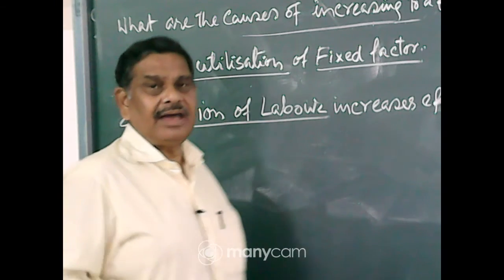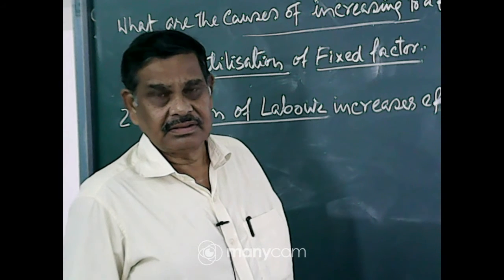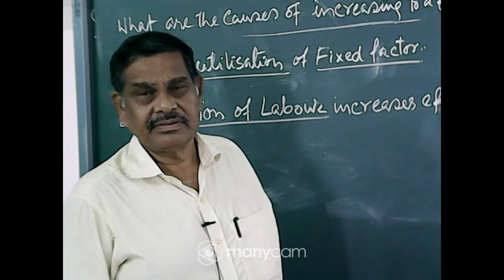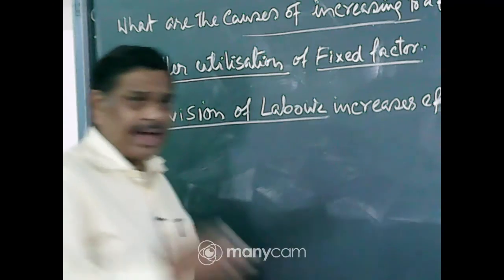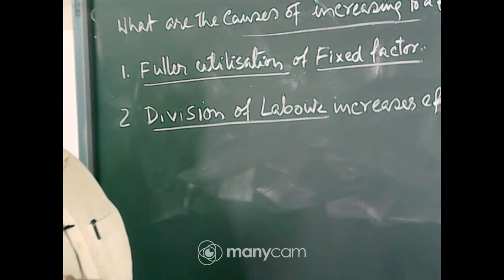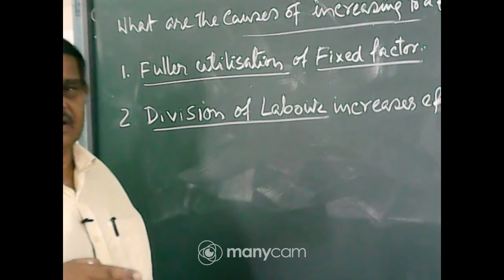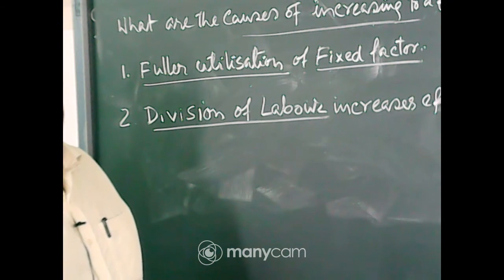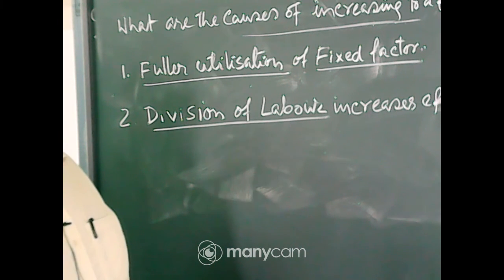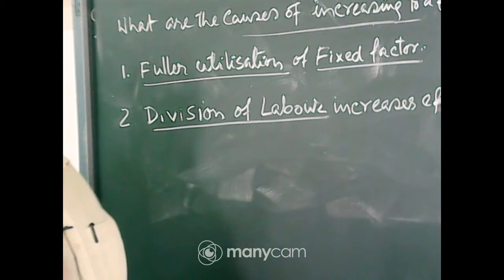If an engineer is asked to cultivate the land, it will not be productive. So according to the efficiency of the labor, their technical skill and knowledge, if the labors are divided into several groups for working in the several parts of the work, then the efficiency of the labor will increase.